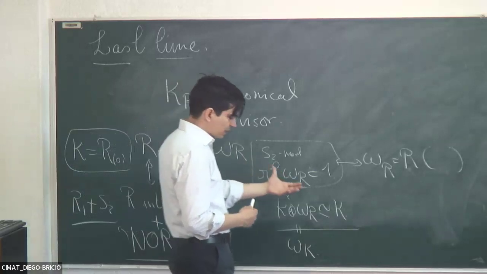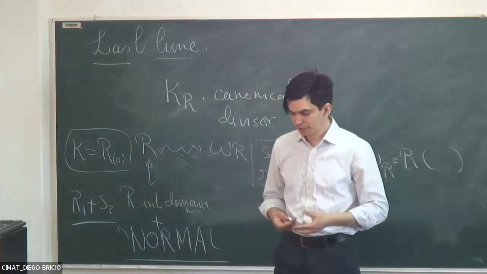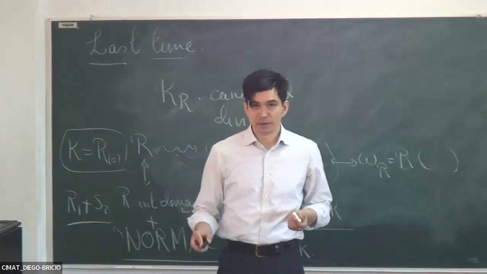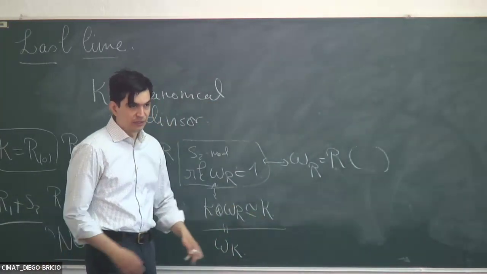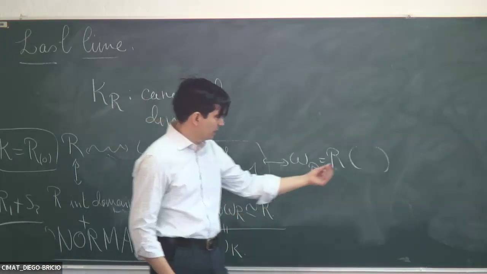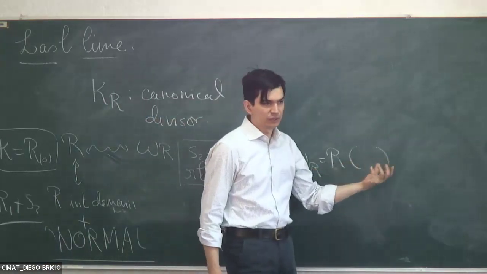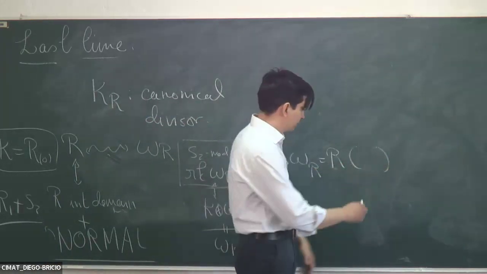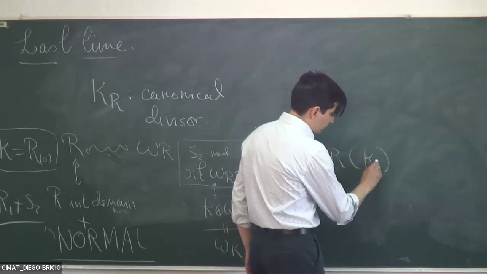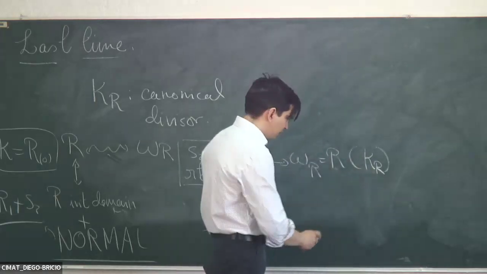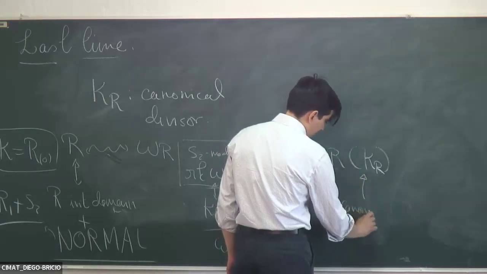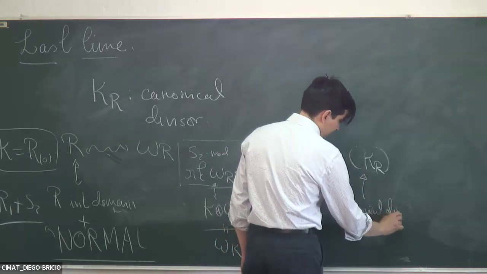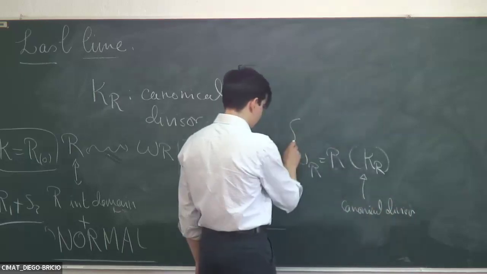In other words, omega R is completely determined by what it is in codimension 0, which we know just to be k, and what it is in codimension 1. And that codimension 1 is recorded into a divisor. And that divisor we denote by K_R. And this is a canonical divisor. This is the canonical module, right?